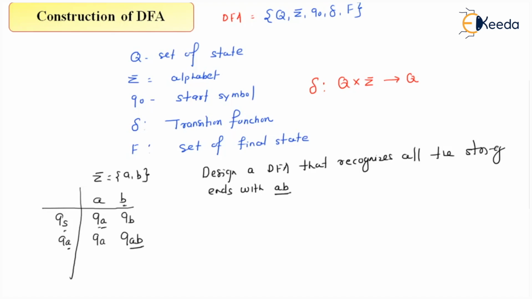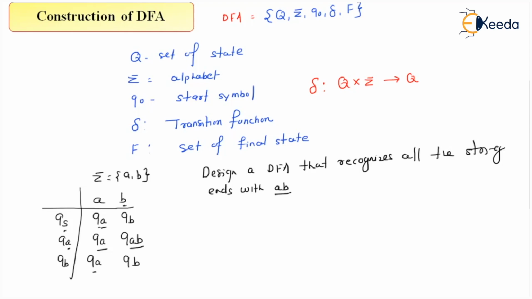Now these are two different types of information they contain. This one guarantees that the last alphabet is A. This one guarantees the last is B as well as the second last is A. Look at QB. At QB, if A comes, I will go to QA because it contains the last scanned alphabet as A. QB on input B: double B, triple B, as many B's as there are, it will remain in QB.